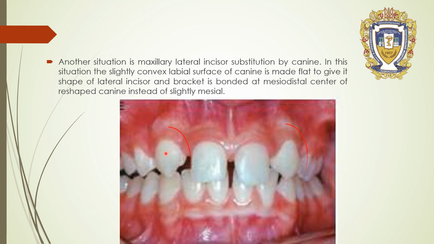Do you remember, doctors, that classically we need to place the bracket slightly mesial? But in case of primary adentia of upper lateral incisors, and in case of treating this patient by mesializing the canines to the place of the lateral incisors, we need to position brackets more distally.